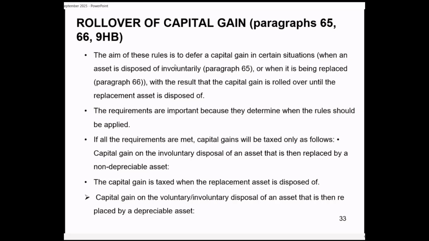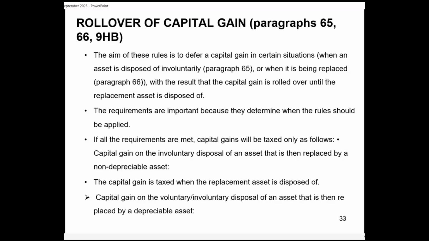The aim of this paragraph is to defer the capital gain in a certain situation. For example, when an asset is disposed of involuntarily, it will be in terms of paragraph 65, and when it is replaced, it will be in terms of paragraph 66. So you need to read paragraph 65, paragraph 66 and 9HB.